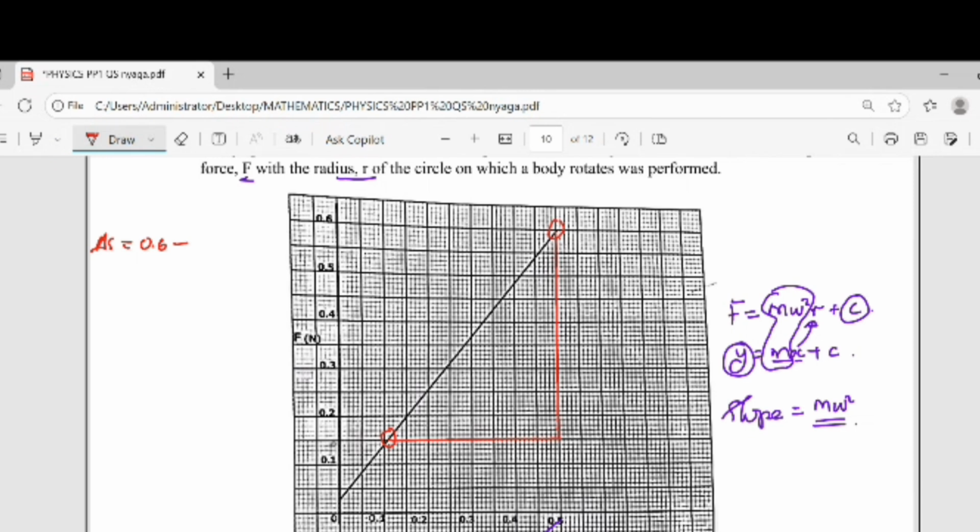From our scaling, if this is 1 and this is 2, in between we shall be having... I've drawn it wrongly, so allow me to redo that part. And I have this new value here.